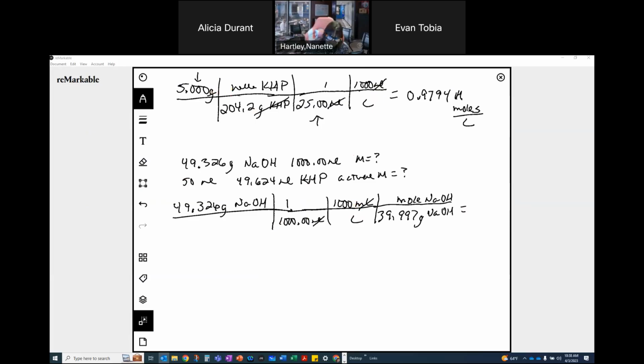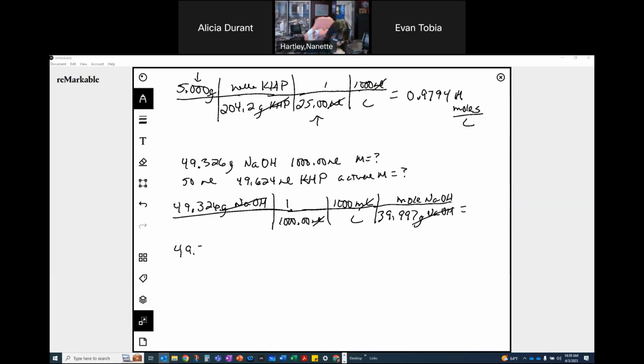As long as everything cancels and I end up with moles of NaOH per liter, it doesn't matter what order I do it. That's what I need. Okay, I just confused myself going that way. Seeing you do it this way and then me doing it the opposite way just kind of confused me a little bit.